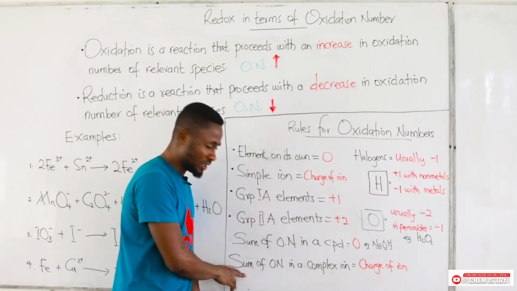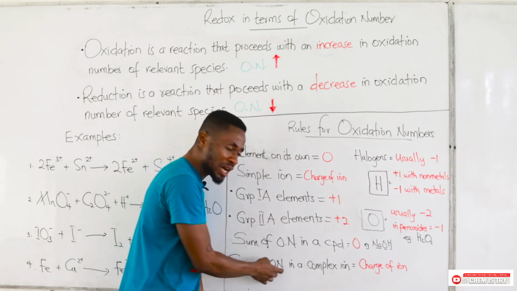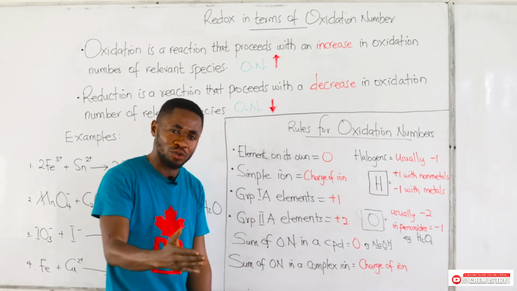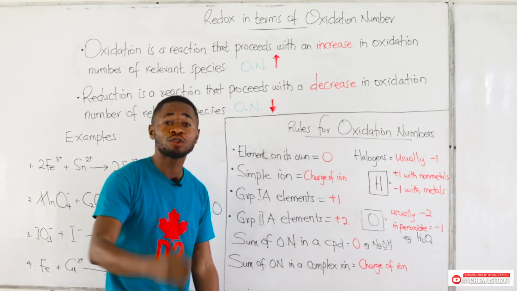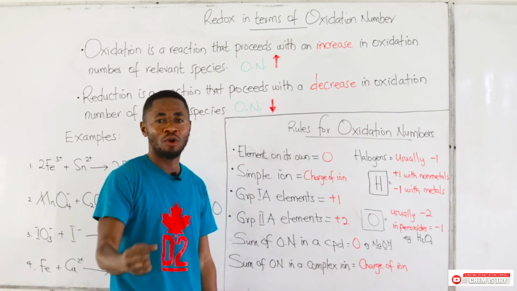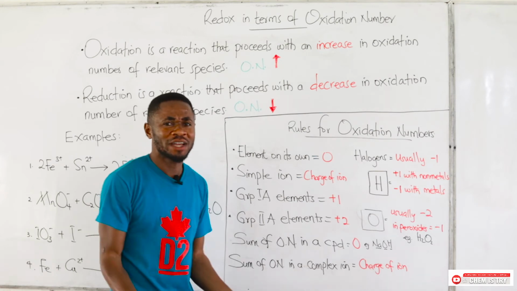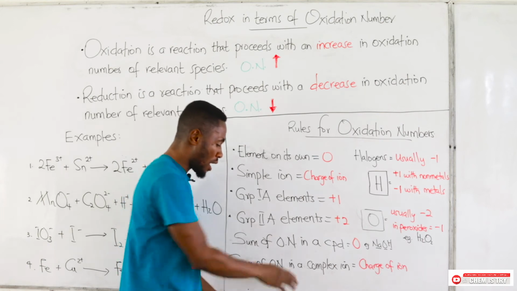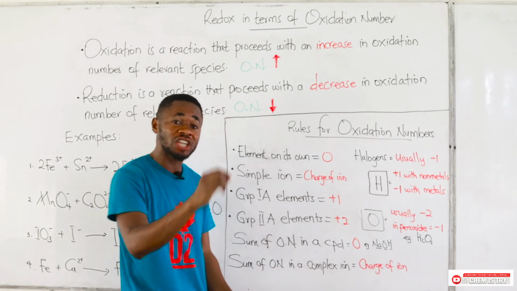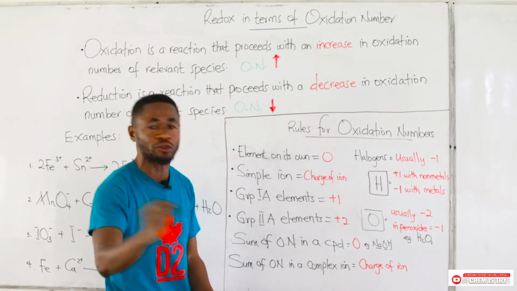Now, last but not the least, the sum of the oxidation numbers of the individual atoms in a complex ion is equal to the charge carried by that complex ion. Well, what is a complex ion? We've talked about a simple ion, a charged atom. Now, a complex ion is a charged group of atoms.